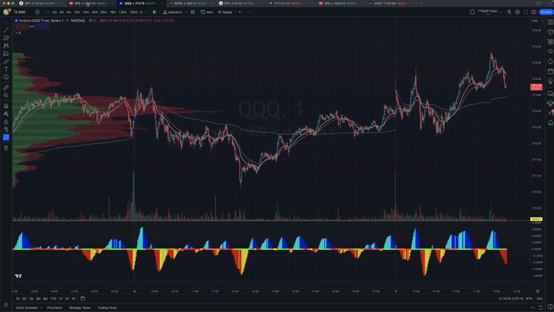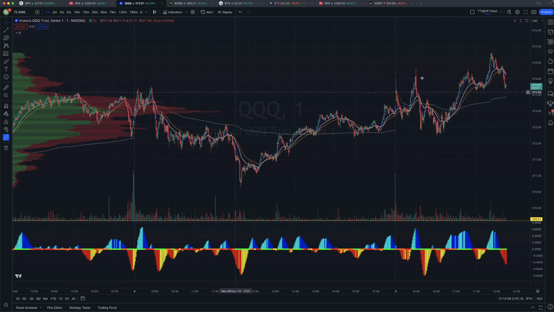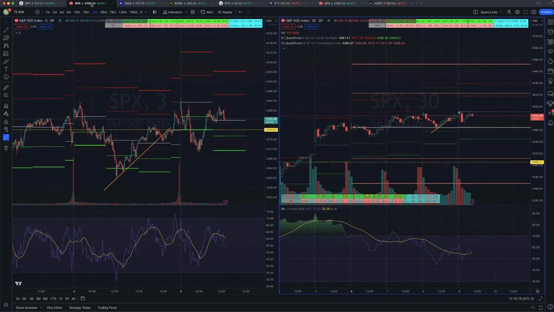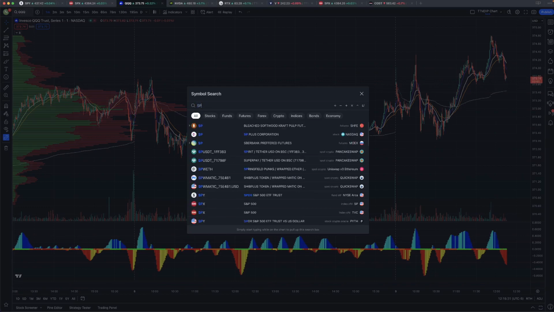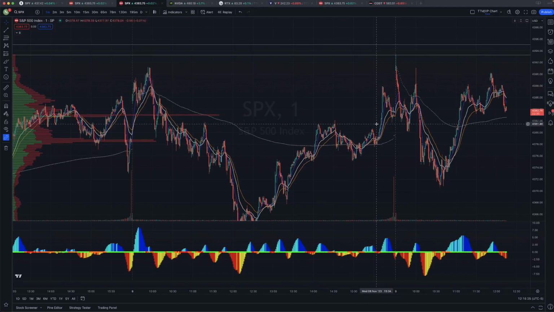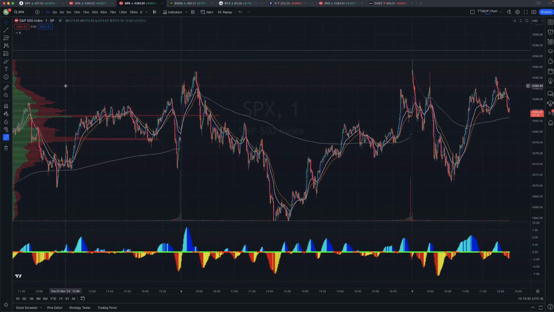SPX and futures will not. And that's just the nature of the futures. There will be some, but they're traded differently, and so you're going to get some lines in here. But if you want VP lines for SPX, just look at SPY.